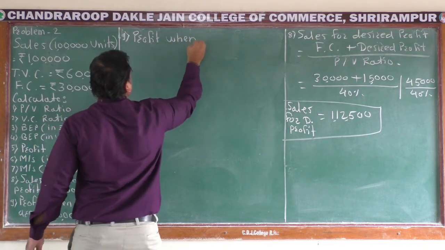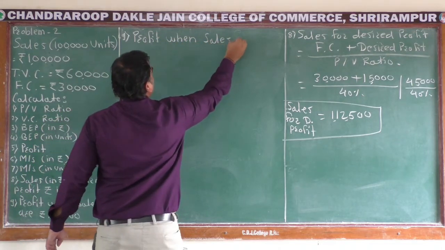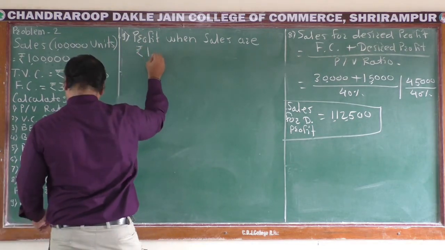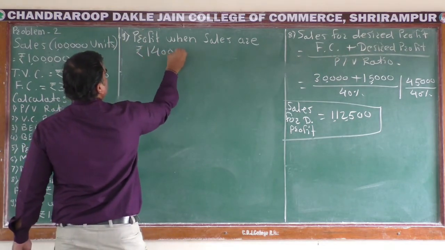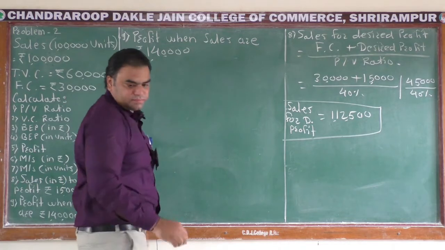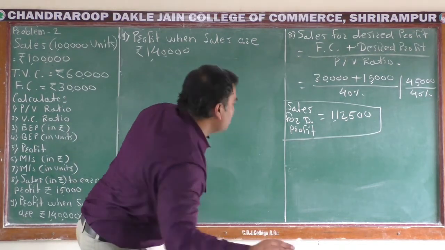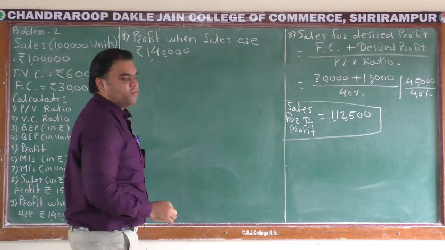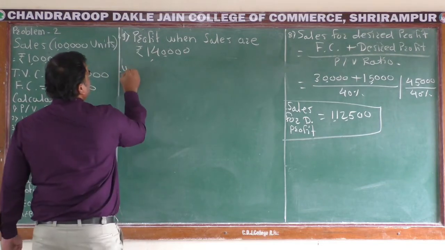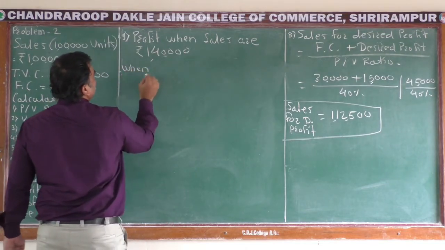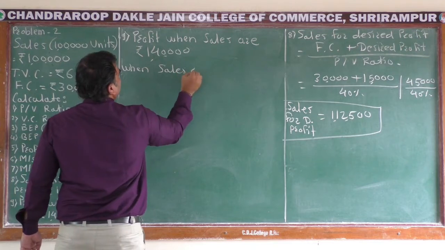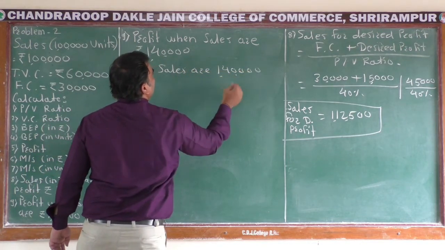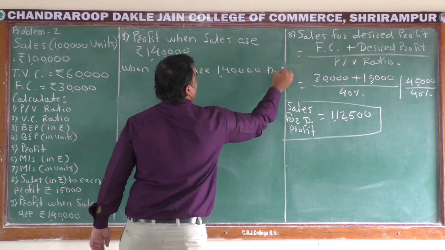The amount of profit when sales are rupees 1,40,000. So when sales are 1,40,000, then what will be the amount of contribution?